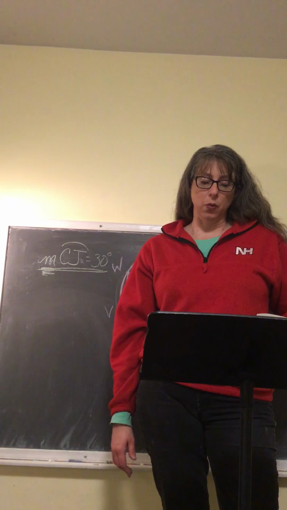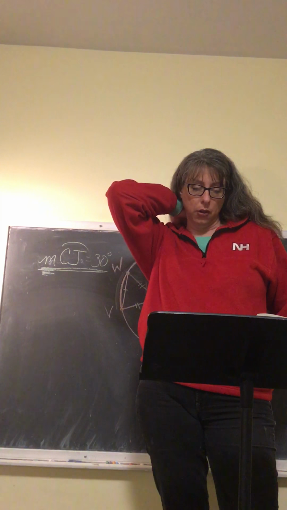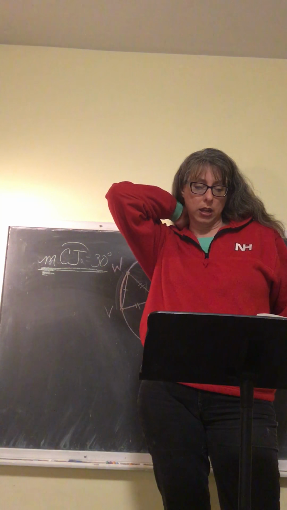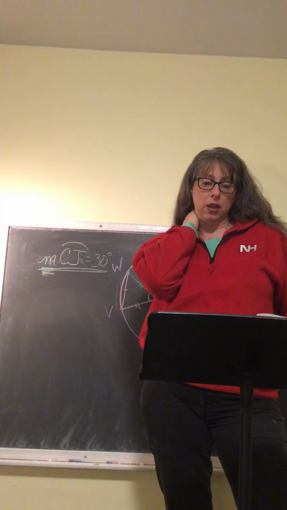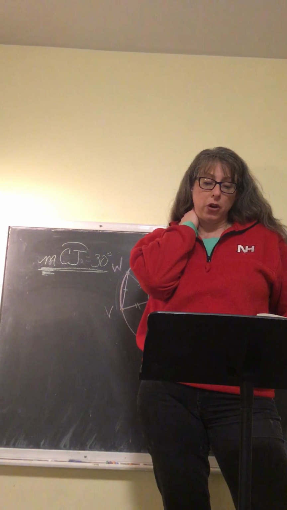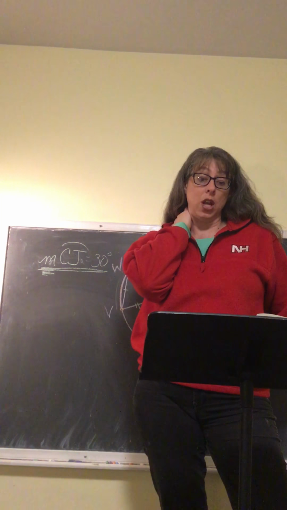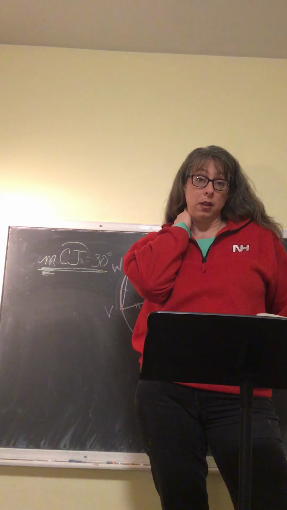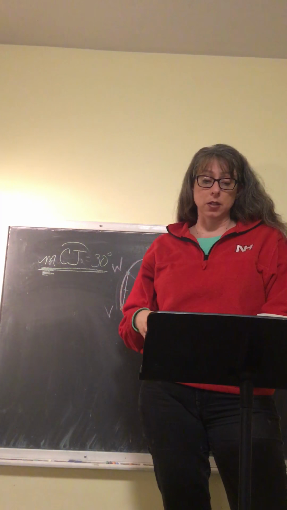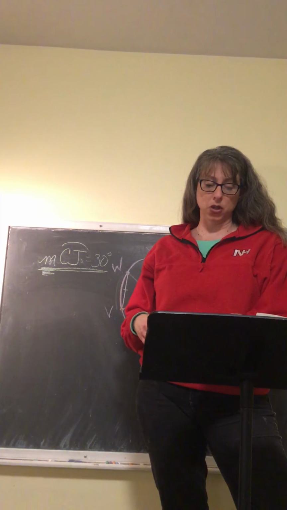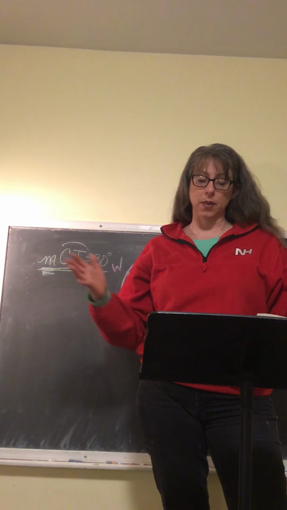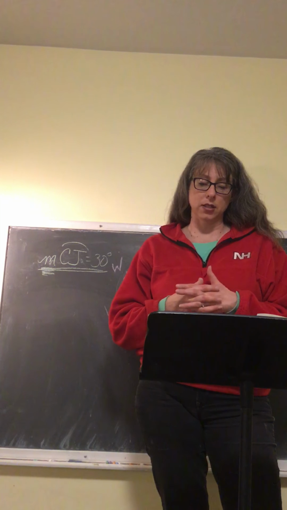Number 15, why is the measure of arc AJ equal to angle ASJ? And why is the measure of arc JB equal to angle JSB? And that is because the degree measure of an arc is the measure of its central angle. That's kind of the main point of this lesson.